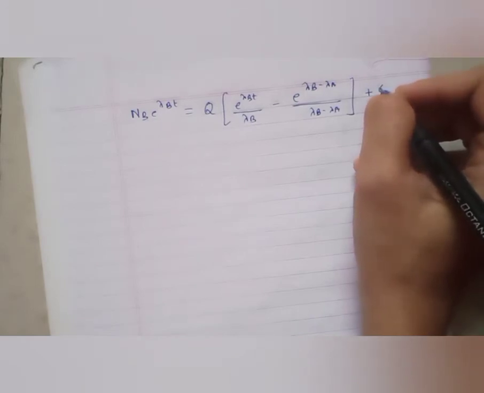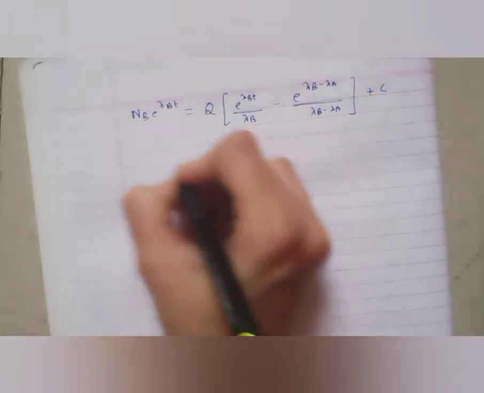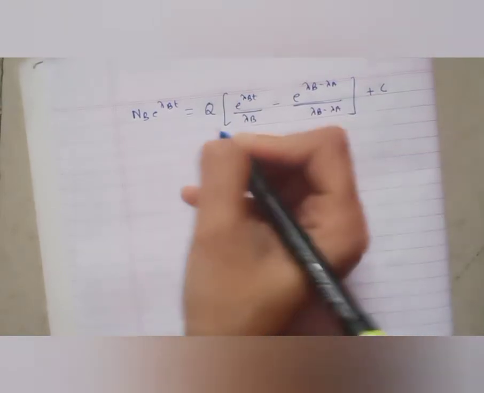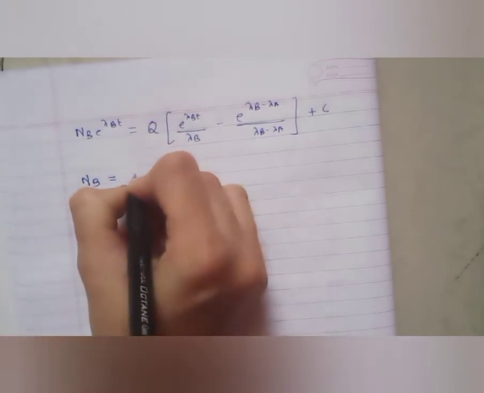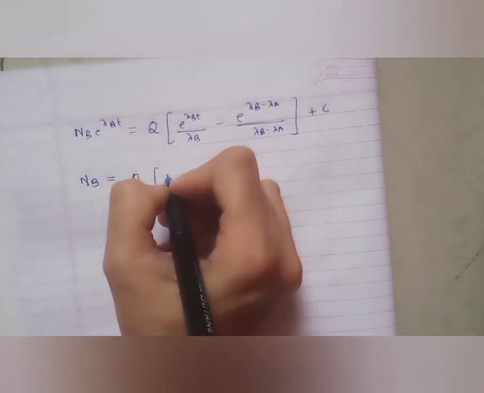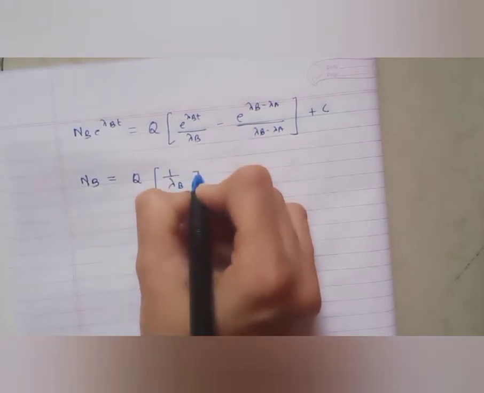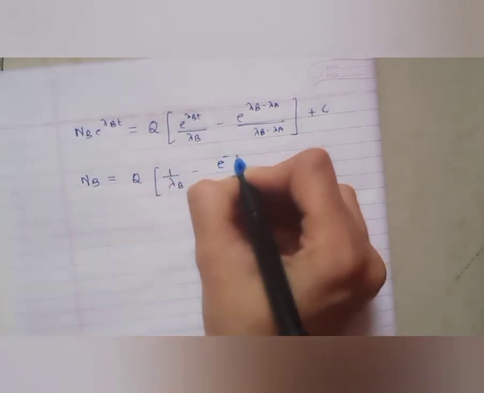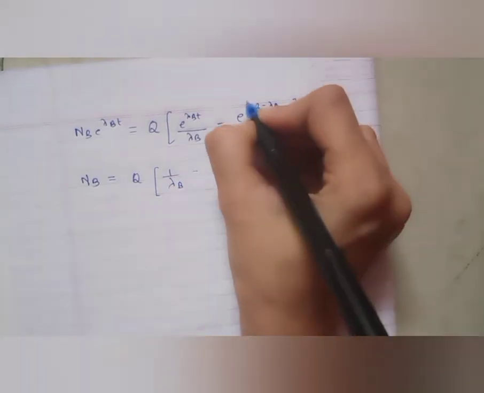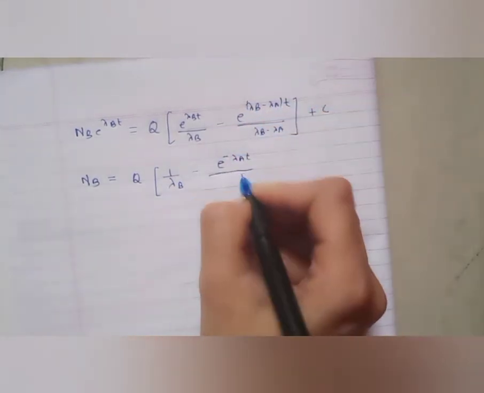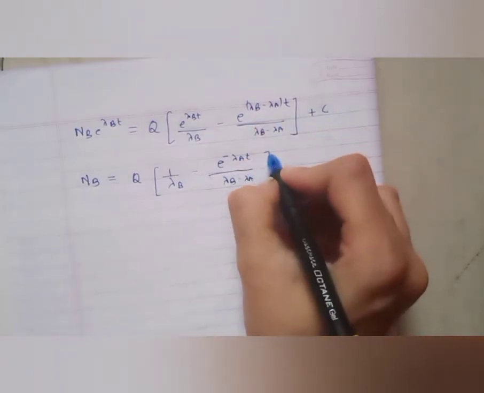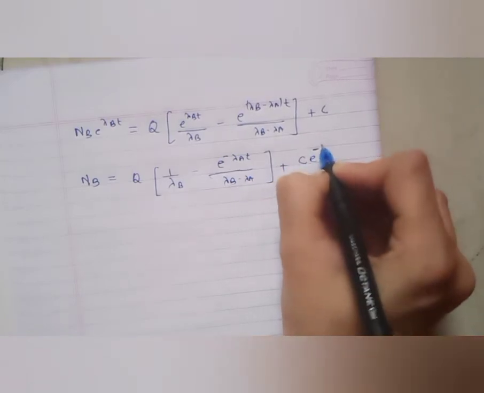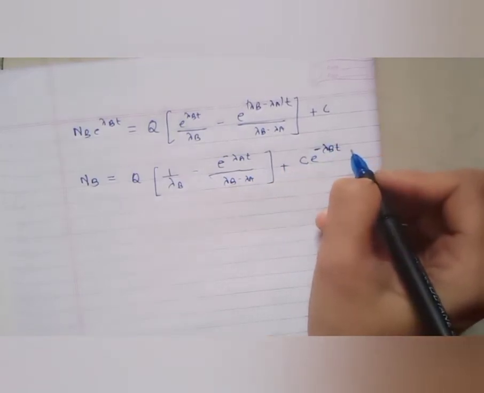In the next step I divide by e raised to lambda b t, the same procedure as before. So Nb equals q times 1 by lambda b, minus e raised to minus lambda a t upon (lambda b minus lambda a), because e raised to lambda b t got cancelled, and plus c, which we also divide, giving c times e raised to minus lambda b t.